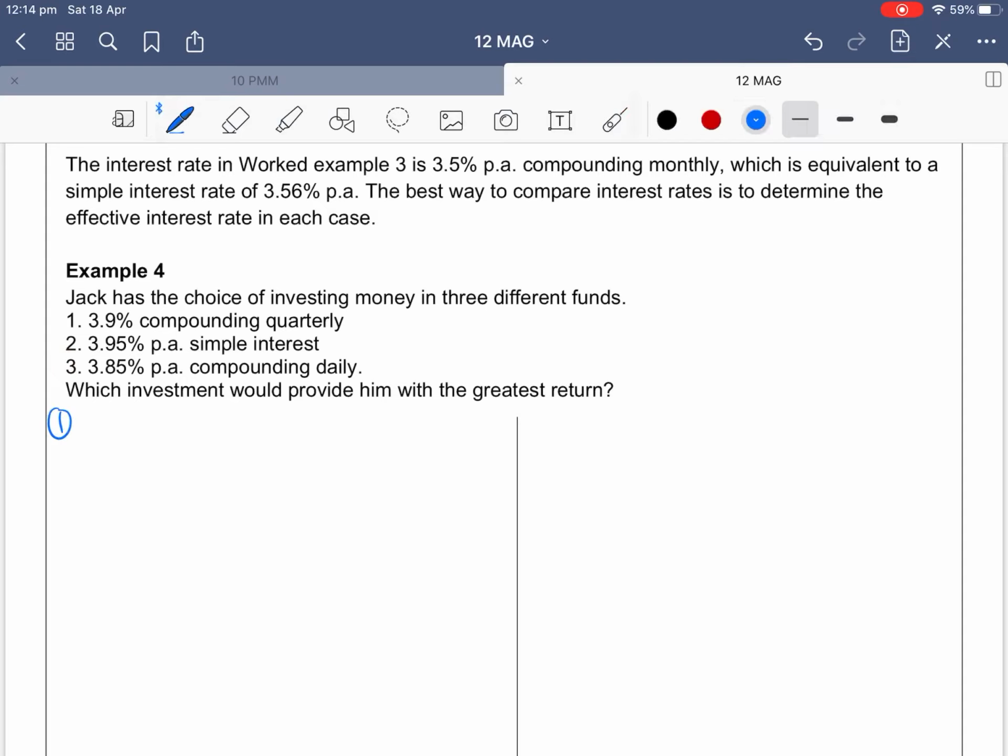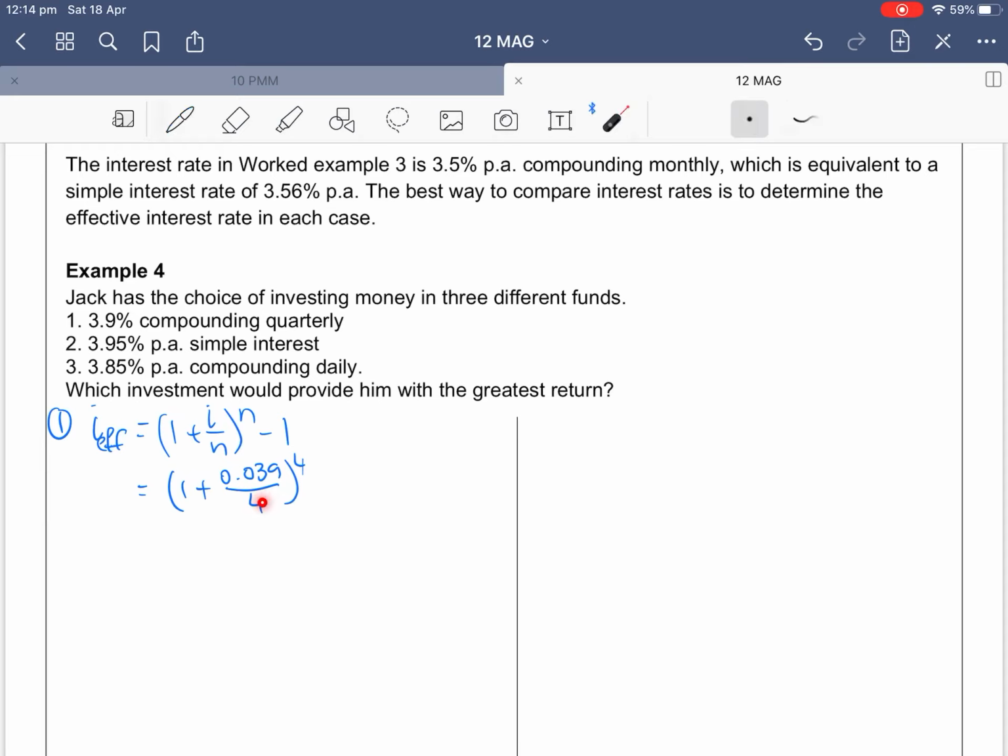Let's do question 1 first. So we're going to write the formula. Step 1, I effective equals 1 plus i on n, to the n, minus 1. For that first example, that's 0.039 compounding quarterly, so divided by 4.